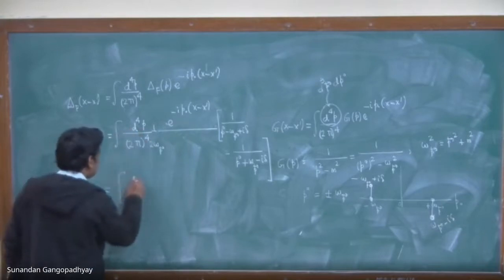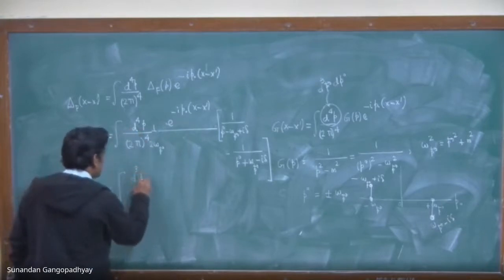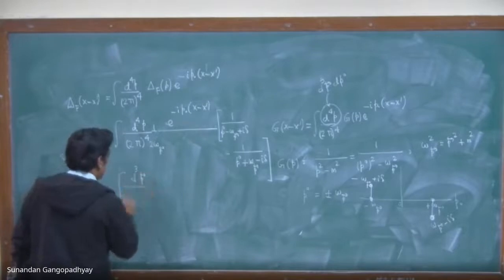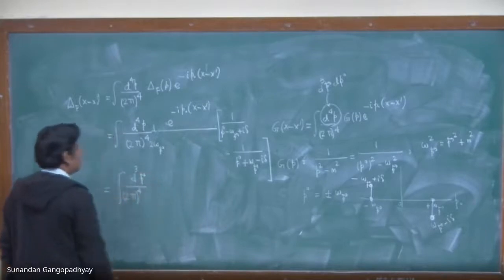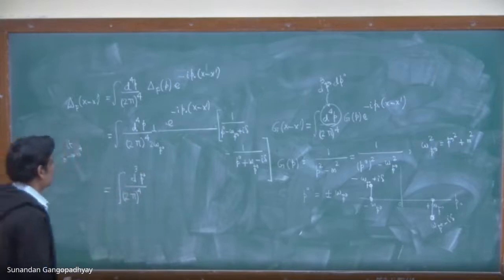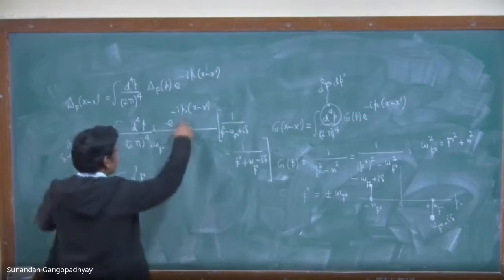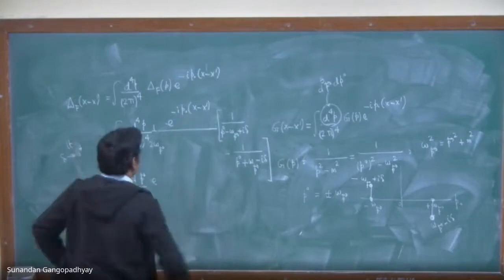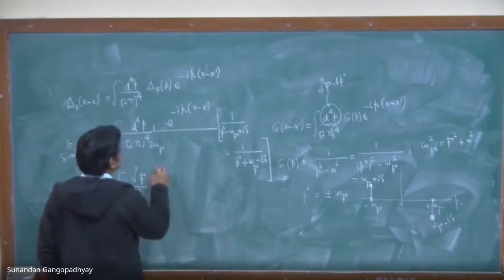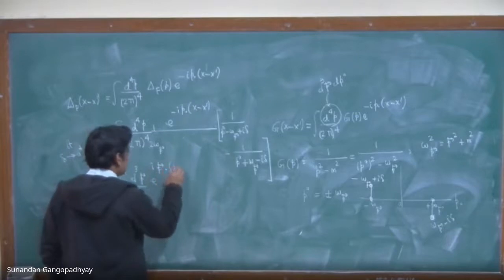Before p0, we can write this down as the integral d^3p by (2π)^3. Then we will have e to the power of, if we break this up, i p vector dot (x minus x prime) vector.